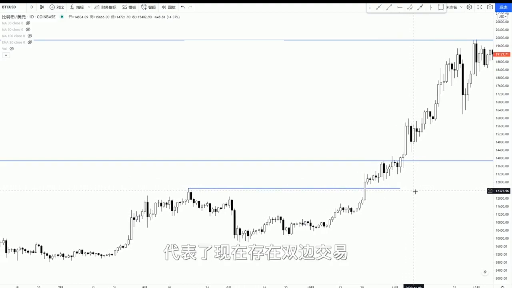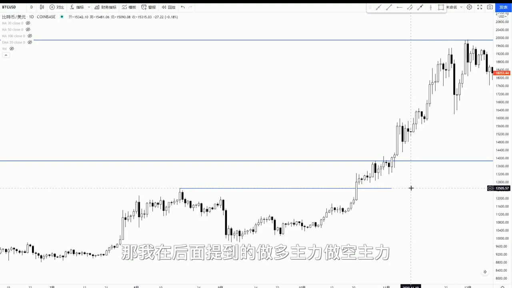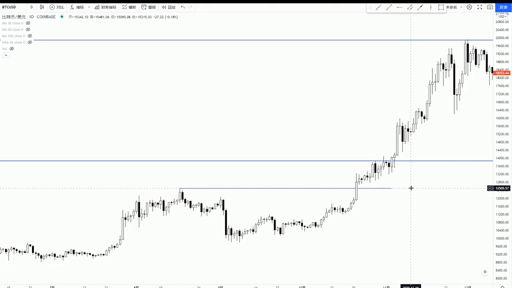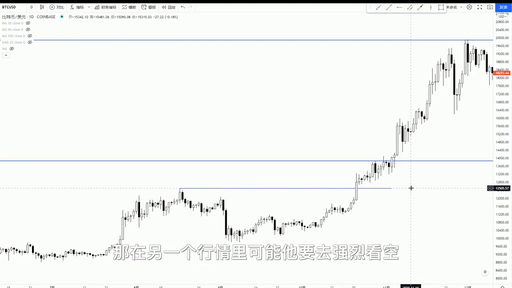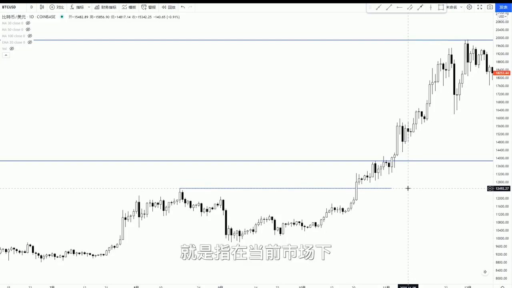What I mean by strong bulls and strong bears is not one particular major player, who may be strongly bullish in one session and strongly bearish in another. I mean the current forces in the market: the people who have been buying heavily have decided to sell heavily. So let's go back to the K-line.